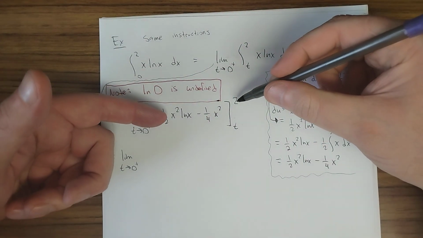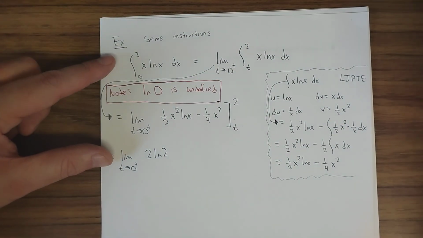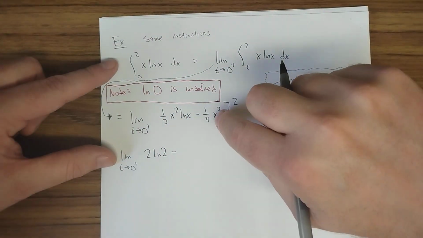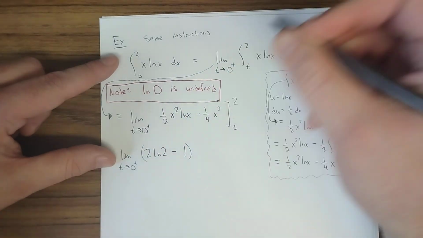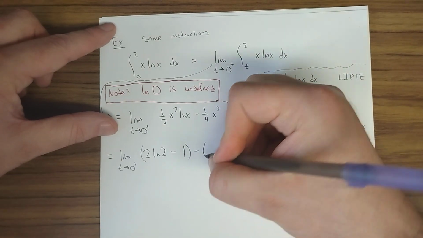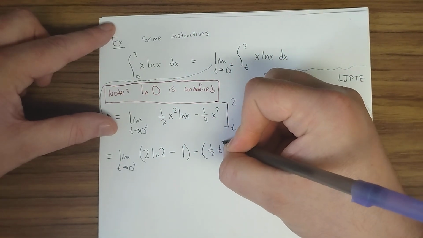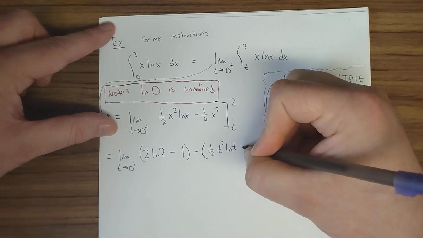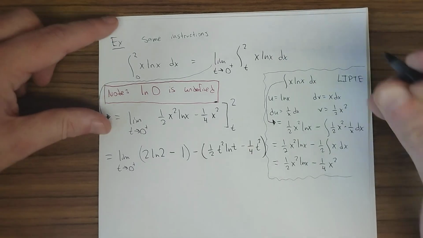Okay. 1/2 of 4, so I've got a 2 ln 2 minus 1. And that's me plugging in 2 for x. And now here's me plugging in t for x. 1/2 t squared ln t minus 1/4 t squared.